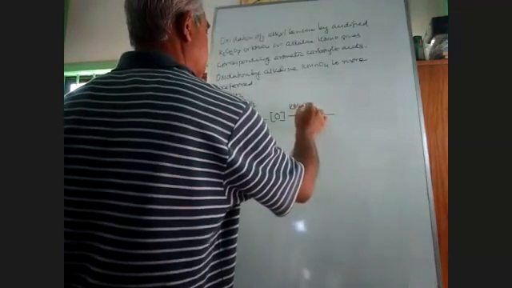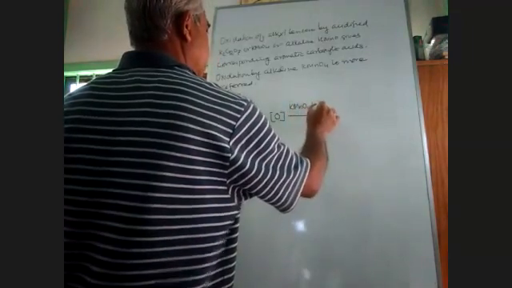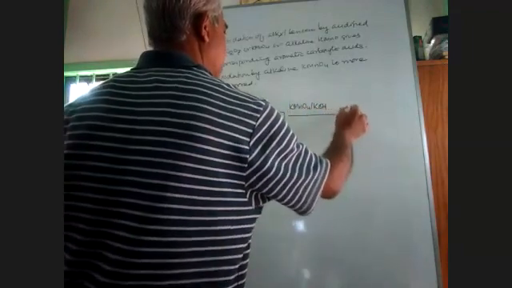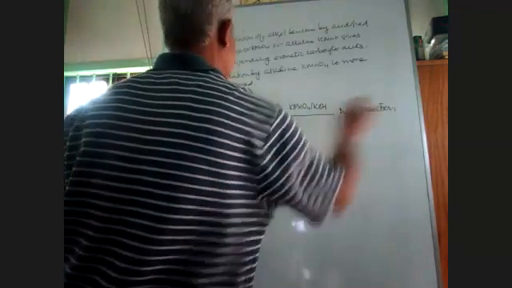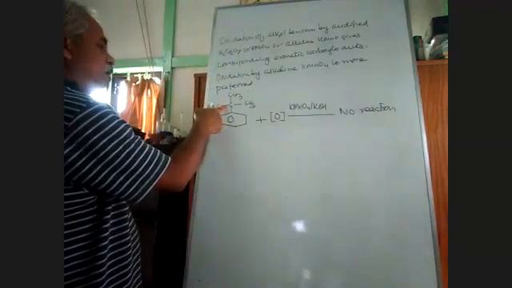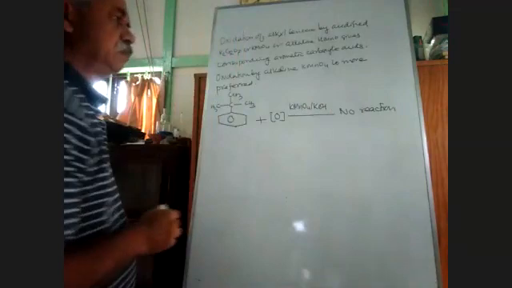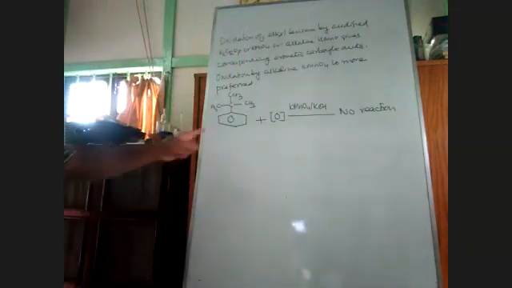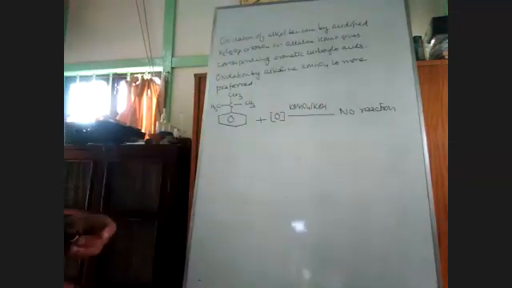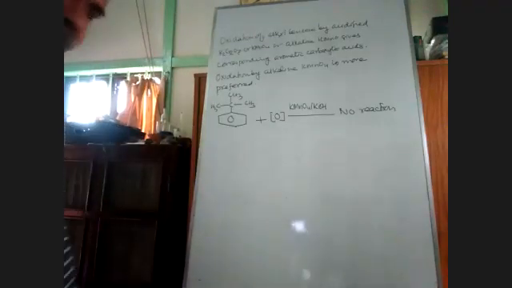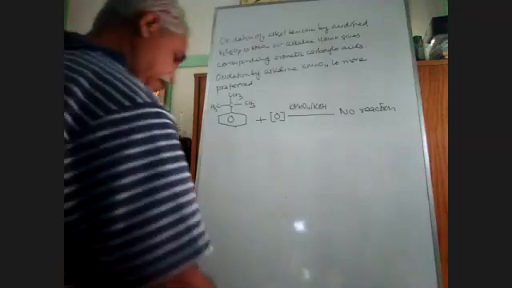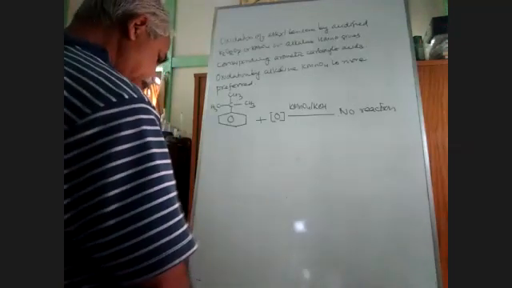With KMnO4/KOH we'll write here no reaction. See, this is tertiary. So no reaction. This is for your entrance. So with this, I finish the preparation of carboxylic acids.